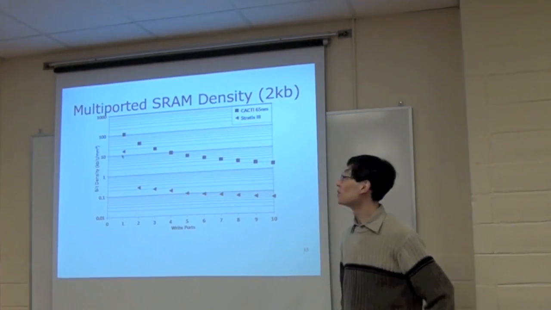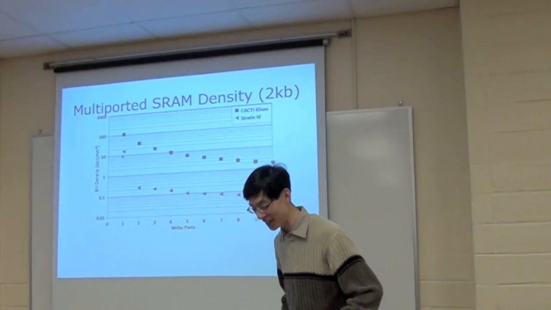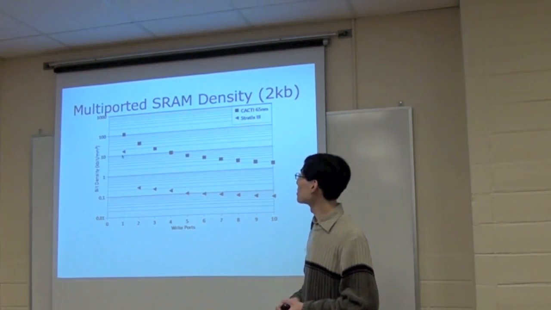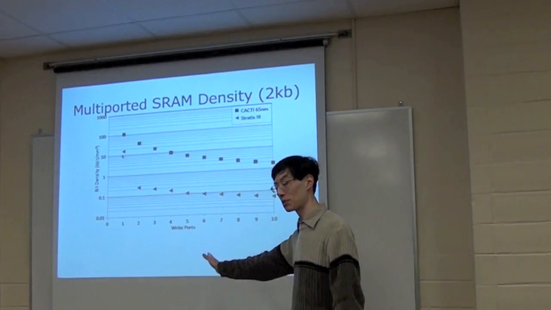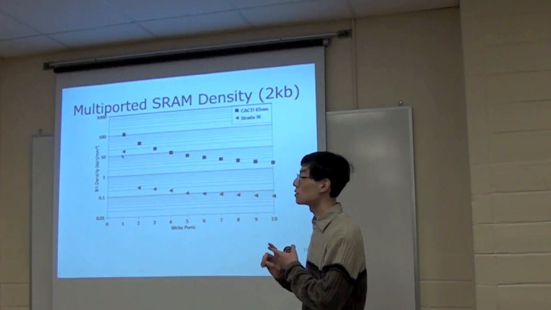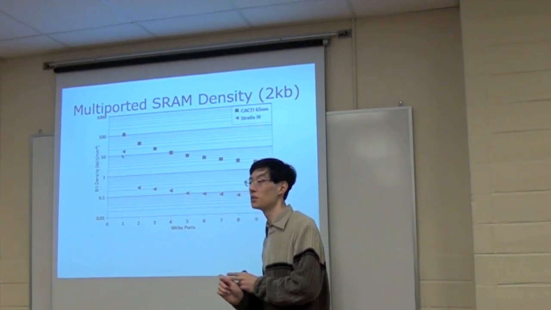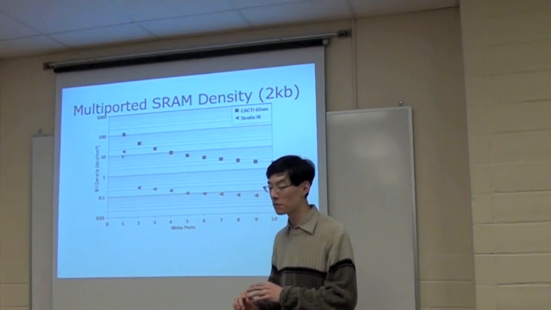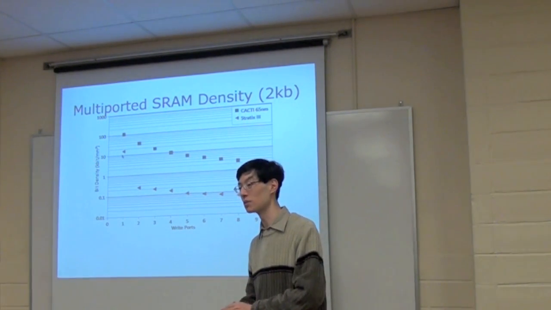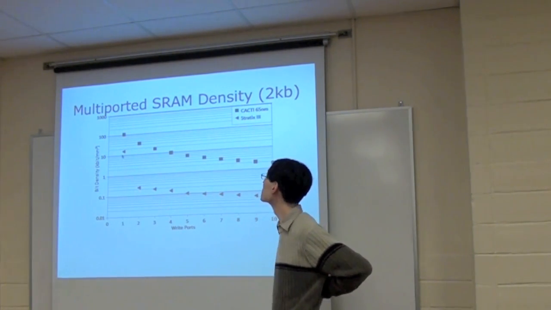When we move to multi-ported RAMs, things start getting bad. Here we show a very similar plot of bit density versus the number of write ports. We chose here to use a 2 kilobit memory with twice as many read ports as write ports, because this is what you might find implemented in a register file, which is a consumer of these multi-ported RAMs.